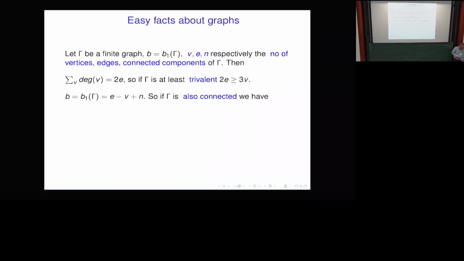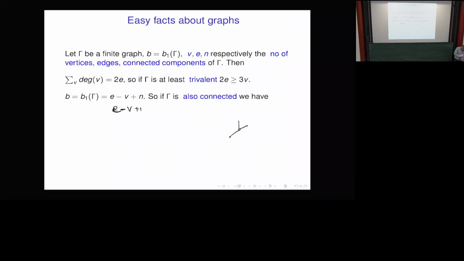And now the Betti number, well, you can use what I said before about trees in the definition to prove this, that if the graph is connected, this is B equals E minus V plus 1. Because if you take a maximal tree, we have E edges, and now the maximal tree has exactly V minus 1 edges, right?